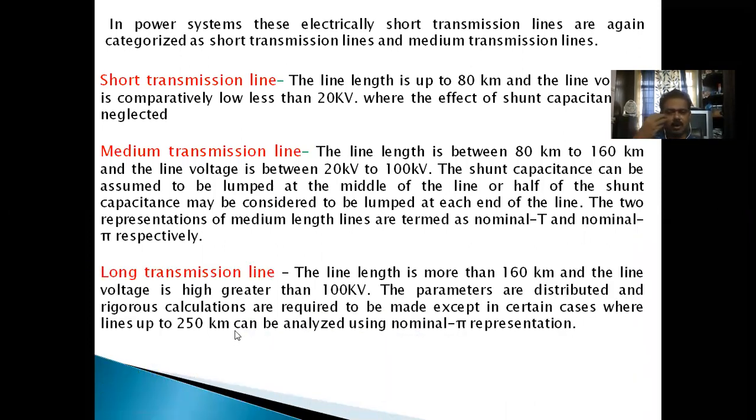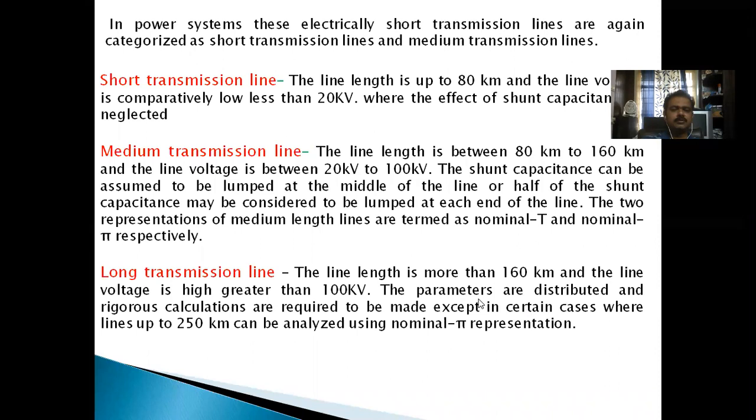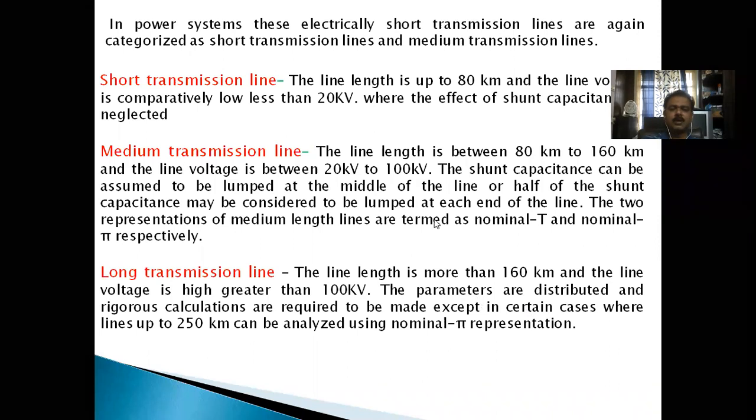Whereas in case of a long transmission line, which is greater than 160 kilometers and greater than 100 kV, we have to use distributed parameters only. If we take lumped parameters here, the practical values and the theoretical values may not coincide. That's why we have to go for distributed parameters.